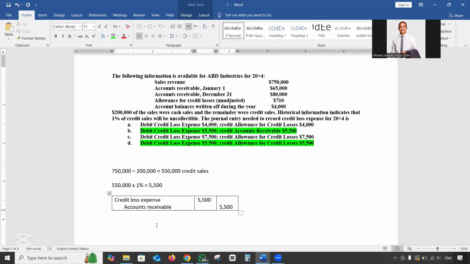But that's not correct. So I'm going to write allowance for credit losses, which means I am not sure. I may collect the money from customers, but I may not collect the amounts. So the answer will be D.